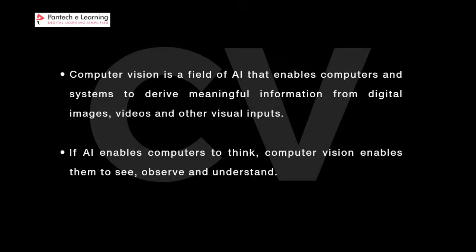The computer understands visual information through input sensors: it converts images and videos into pixel data and uses algorithms to detect patterns and objects. Yeah, correct, Nandita. And it is a separate field.